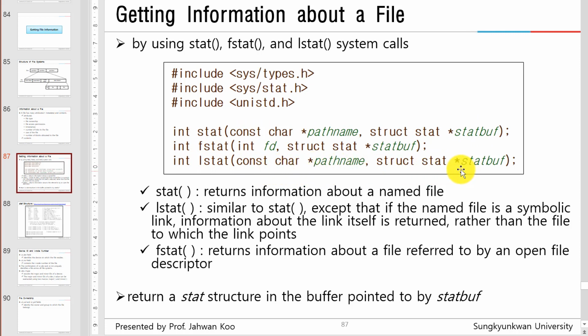Character data type. What does the statbuf point to? Stat structure data type. These system calls return a stat structure in the buffer pointed to by statbuf. Therefore, you have to know what the stat structure is.